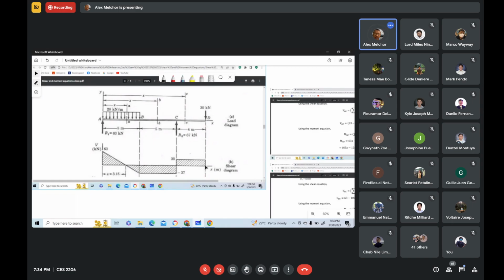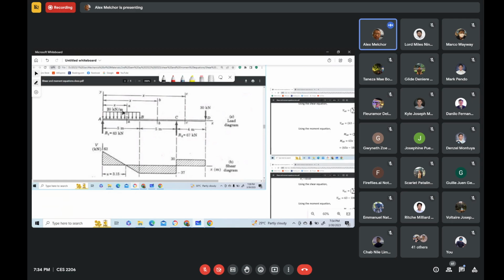And to the right of D, to the right of that section D is 0. Okay? So this is now the shear. These are now the plotted points, and we connect the points.